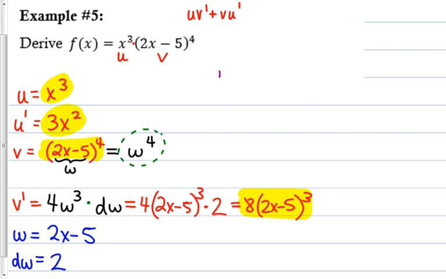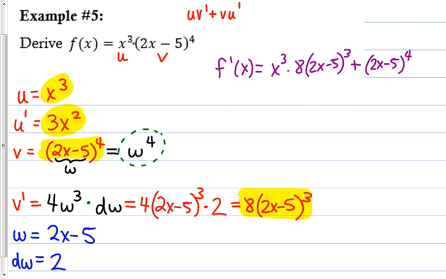So f prime of x is going to equal u, which is x cubed, times v prime, which was this big old composite function thing I found over here, 2x minus 5 cubed, plus v, which is just 2x minus 5 to the fourth power, times u prime, which is 3x squared.